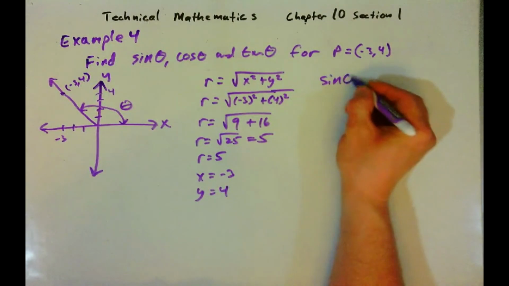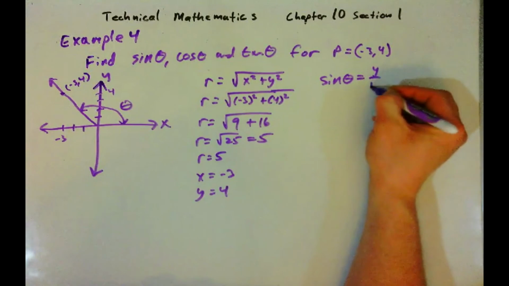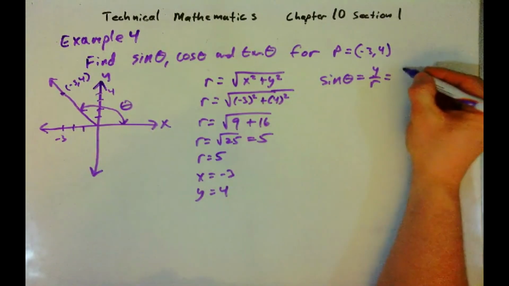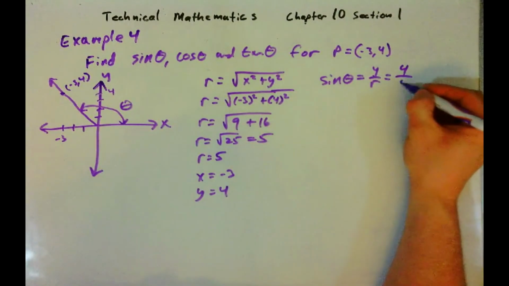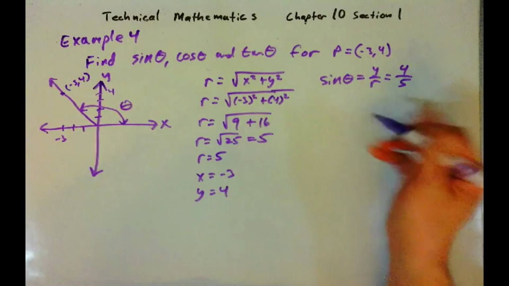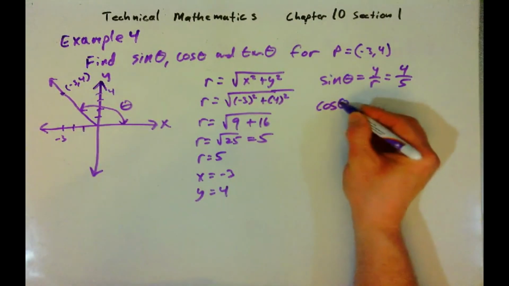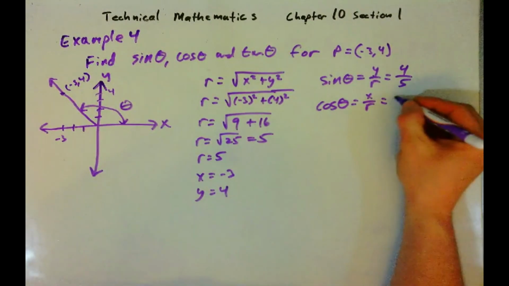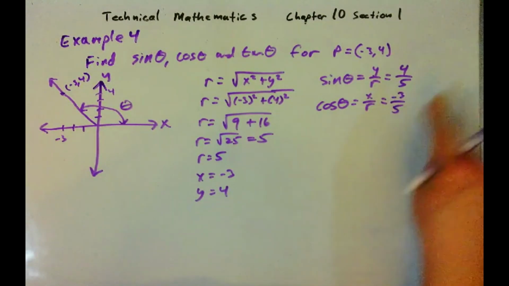So the sine of theta is y over r. Y is 4. R is 5. The sine of theta, whatever this angle happens to be, is 4/5. Cosine of theta will be x over r. X is -3. R is 5.